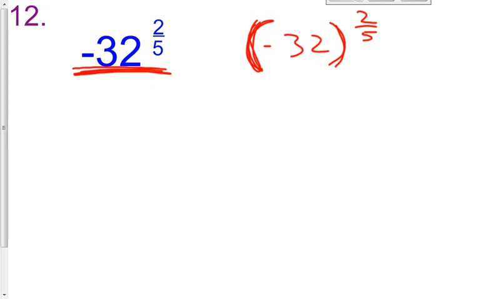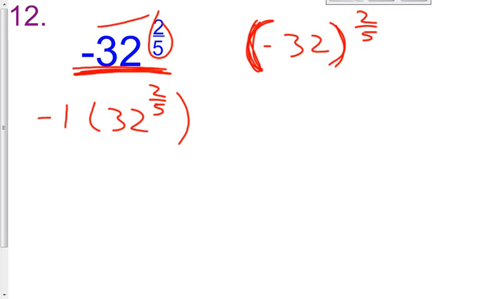So we can say it's a negative 1 multiplied by 32 raised to the 2/5. So really, this 2/5 only goes on to the positive 32 because that 32 is not in parentheses. It's then multiplied by a negative 1 at the end. So let's just do this part right here, and then at the end we'll multiply it by the negative 1.